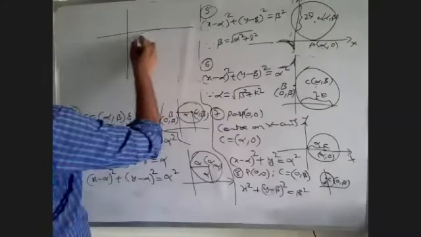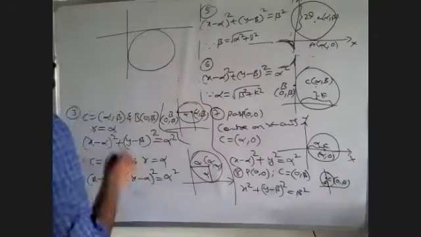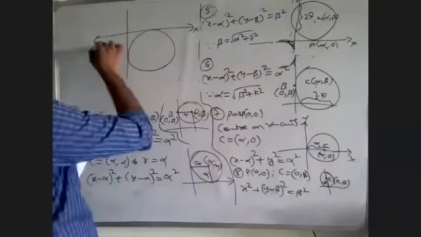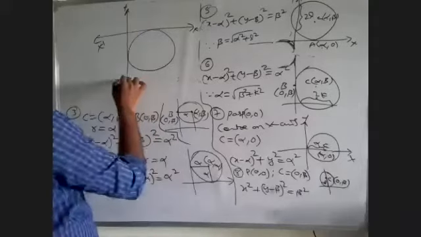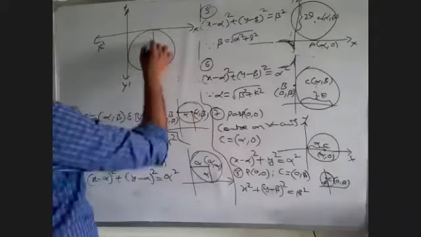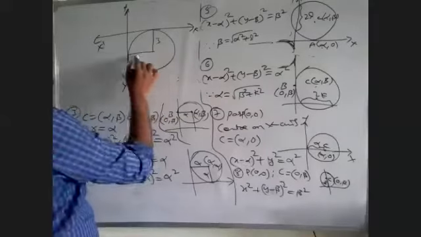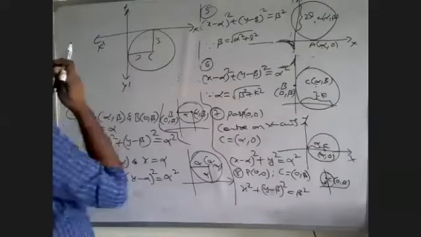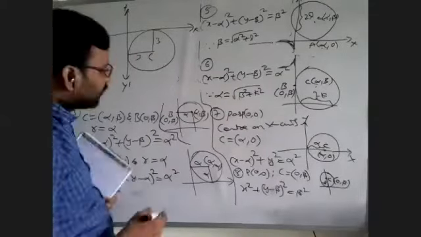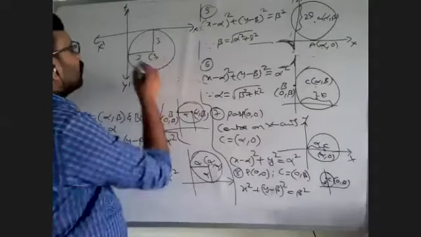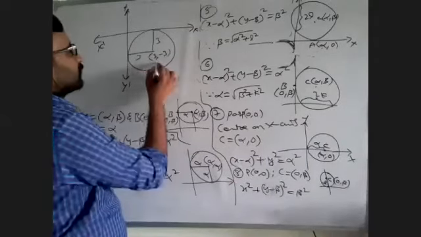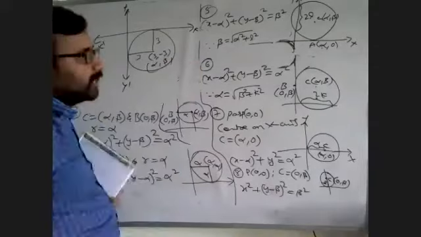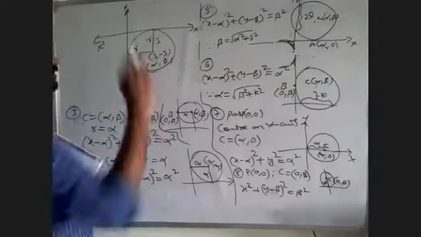So this is the circle touching the x-axis and y-axis. And what is the radius given? 3. In the fourth quadrant, x is positive, y is negative. This is the center alpha comma beta, and r is clearly 3.